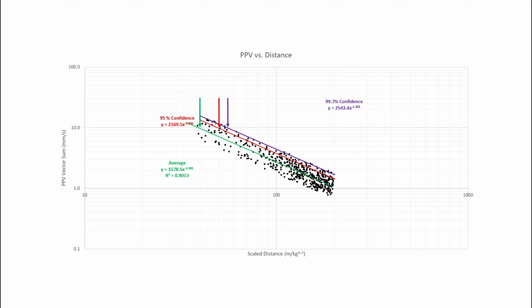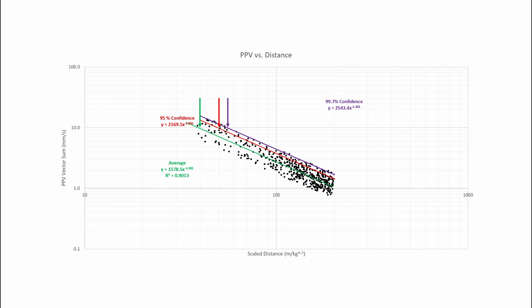But if I want to make sure that I'm going to be below that, then I might want to use that 95% confidence line, which is telling me, hey, keep everything above a scale distance of 50. And then again, if I'm not that confident, or I don't have a lot of data points, or I don't have a lot of variation in my data, then I may want to use a 99.7.